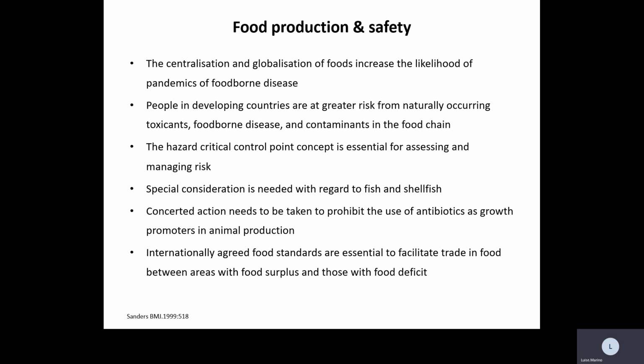So internationally, we need to have agreed food standards, as these are essential to facilitate trade in food between areas, particularly with food surpluses and those with food deficits as well.